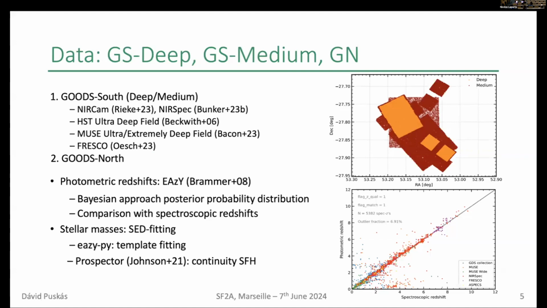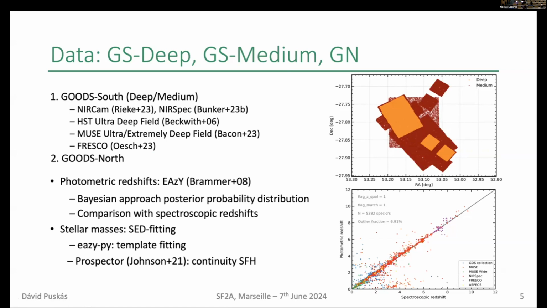We get photometric redshifts from EAZY, which is a quick template fitting code, and we are getting posterior probability distributions for the photometric redshifts by a Bayesian approach. And we can also compare these photometric redshifts to all the available spectroscopic redshifts in these fields. On the lower plot, you can see a comparison between the two.